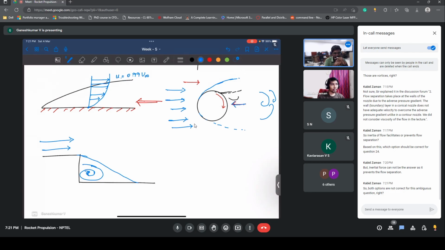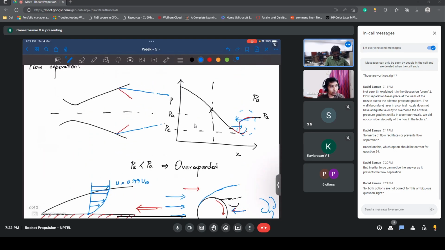Let me check. What it says is flow separation in a conical convergent divergent nozzle takes place at nozzle exit pressure much lower than ambient pressure. That is true. Nozzle exit pressure will be lower than the ambient pressure due to the inertia forces.